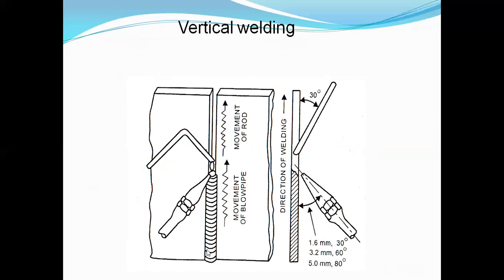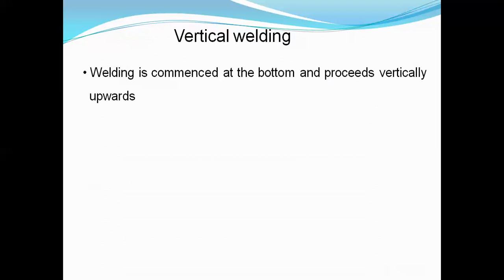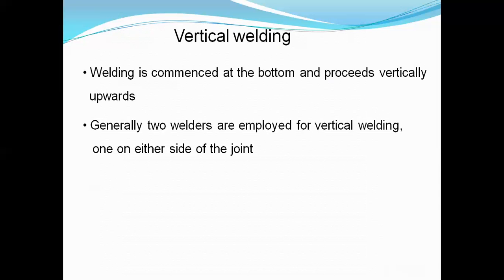On this side one operator can do the welding, and on the other side another operator can do the welding. The welding commences at the bottom and proceeds vertically upwards.